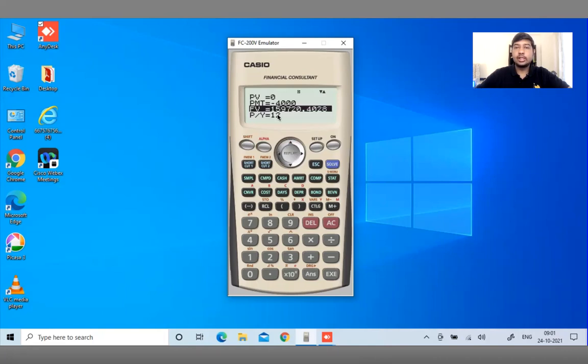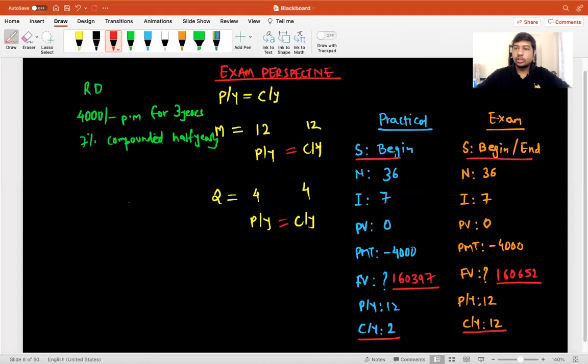And that's how you get the answer, which is 1,59,720. So if this was SET end, then the answer would have been 1,59,720. So the answer would have been a little less. So that's how the SET begin and SET end concept works. Any questions, anyone, on the things that we have learned so far?